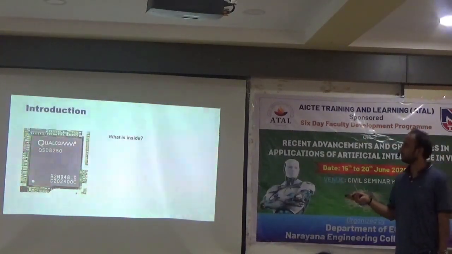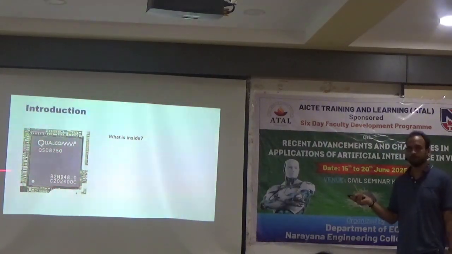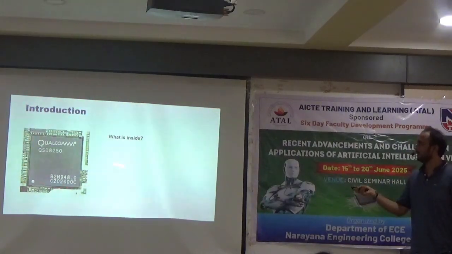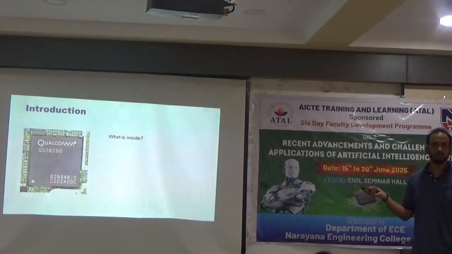This is one I picked up from a mobile phone. This is a Qualcomm series modem chip. Can anyone tell me what the things inside this chip are? Just if you are interested to guess what is there in this chip. Anyone? Transistor, okay.